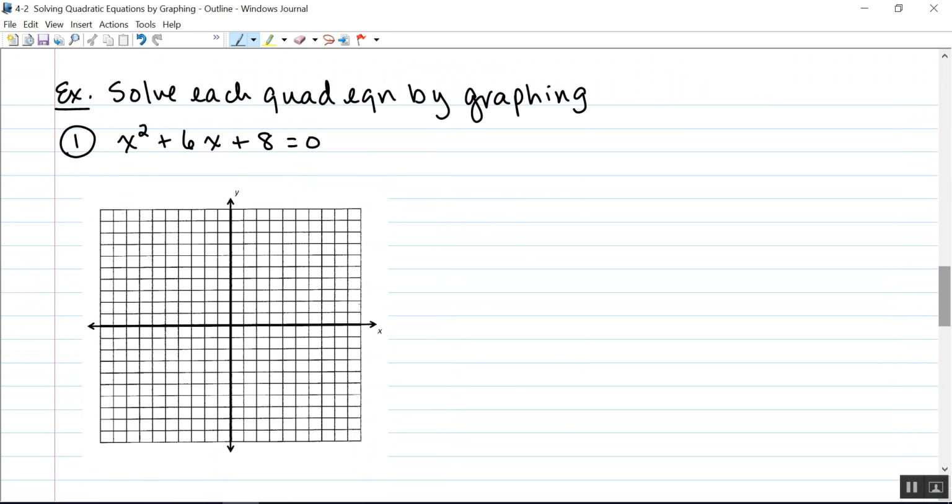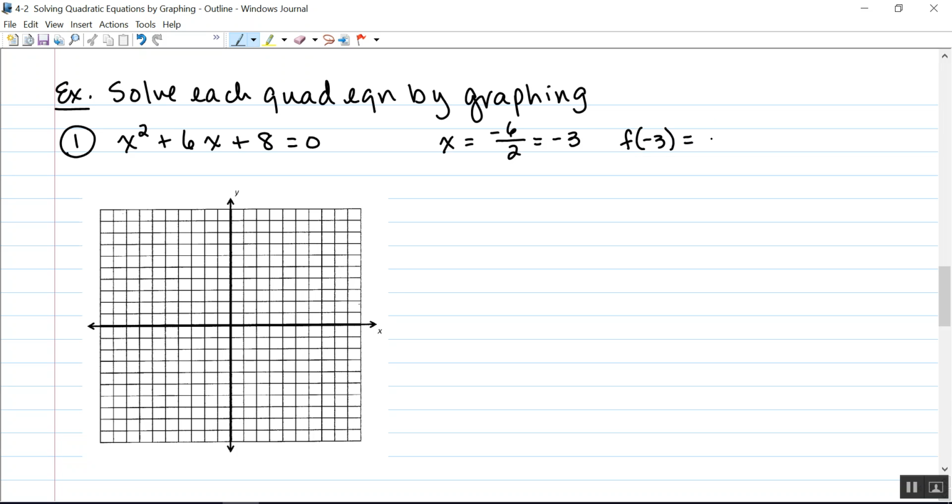Here's our first example. We need to solve x squared plus 6x plus 8 equals 0 by graphing. So in order to do this, I first want to find the vertex. Recall the x of the vertex is negative b over 2a, or in this case, negative 3. And then to find the y of the vertex, I'm going to plug negative 3 into the function.